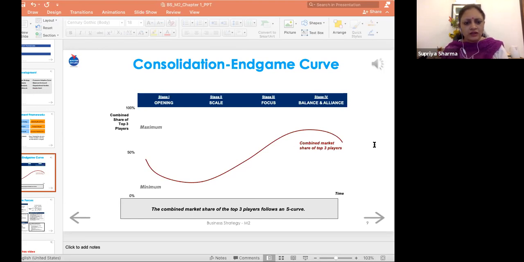Now, when you just start in this phase, they generally have a first mover advantage. All the companies have the first mover advantage in building the scale, in creating a footprint for themselves, in gaining the market share, in establishing the barriers to entry, because they have the proprietary on the technology or on the idea.